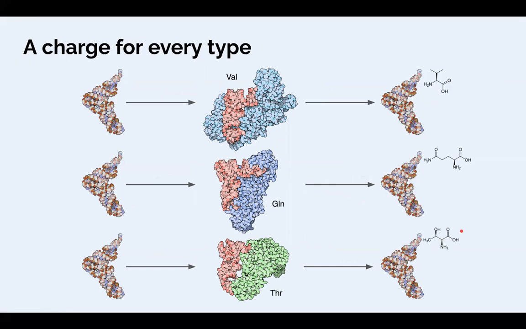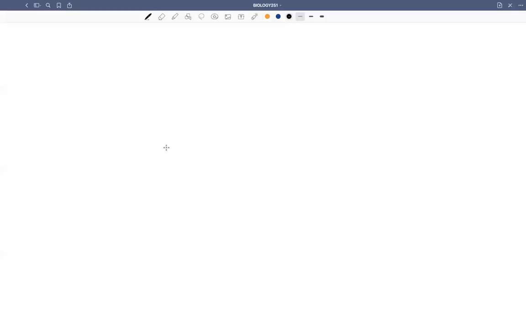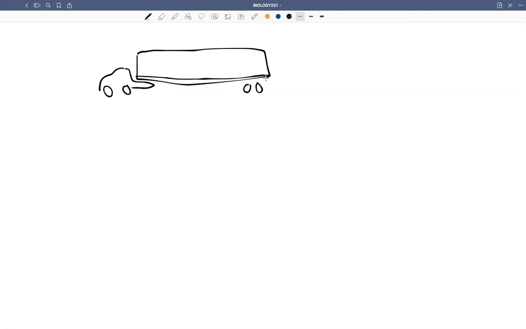So very much like loading up a truck. Maybe I'll do my diagram here. I kind of enjoy this one. All right, so let's imagine that we are a fleet of shipping trucks. Do my best on these. We're going to make them a flatbed.